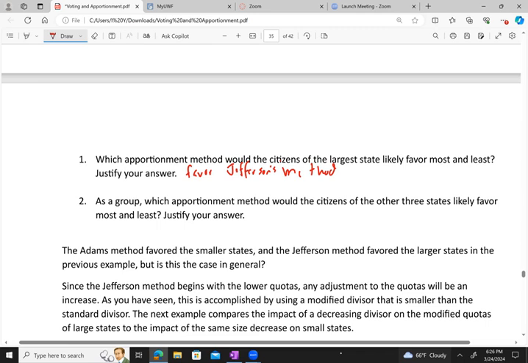And their least favorite would be Adams and Webster. And that is because it gave them the least number of representatives.